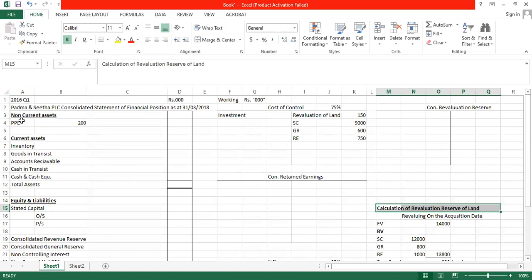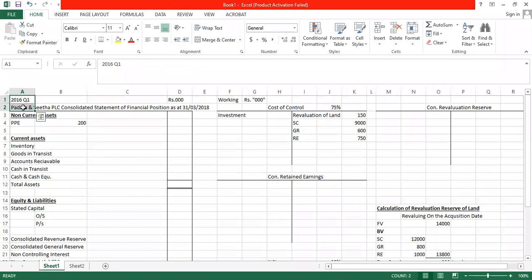Now, the parent company is selling to the subsidiary Sita company, right? So when they sell to Sita company, they add a 20% margin.